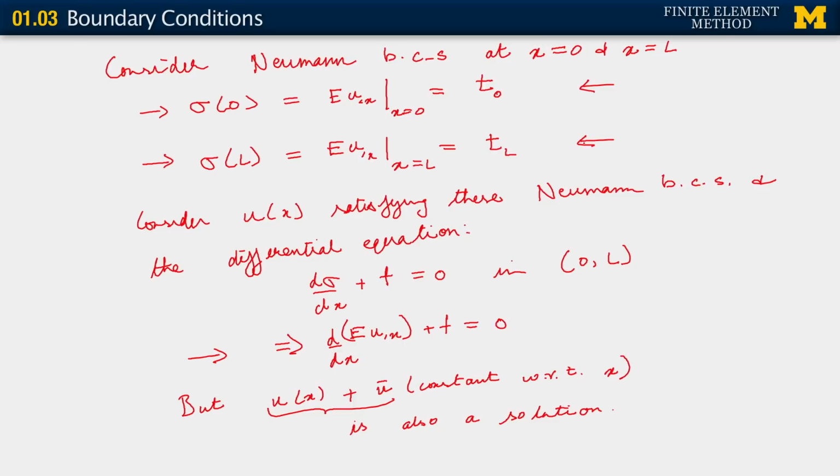Likewise for the differential equation, because the differential equation actually involves two derivatives on the displacement field. If E were a constant, or even if E were not a constant, it would involve at least one derivative on the displacement field. So therefore, adding on u bar equals constant would still satisfy that equation as well.